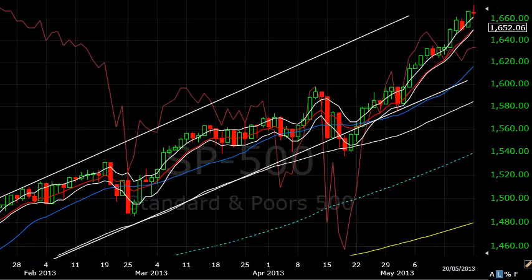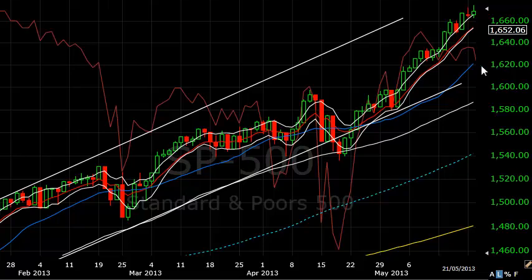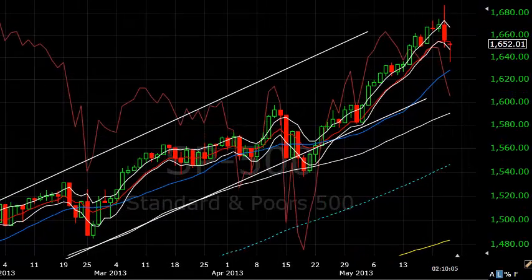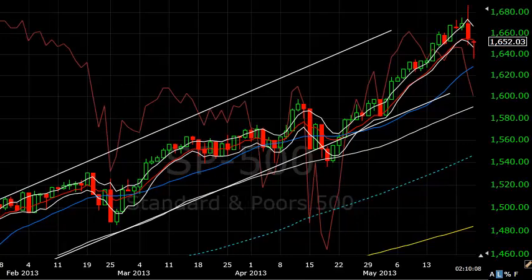Did we have a divergence as we hit those highs? Yes, we did, because we made the high on the T2108 here, and then we made a lower high here, so we got a divergence on that one.